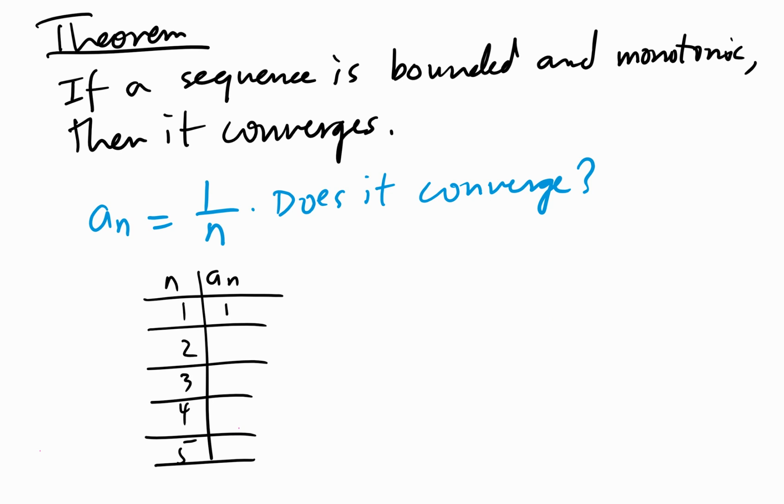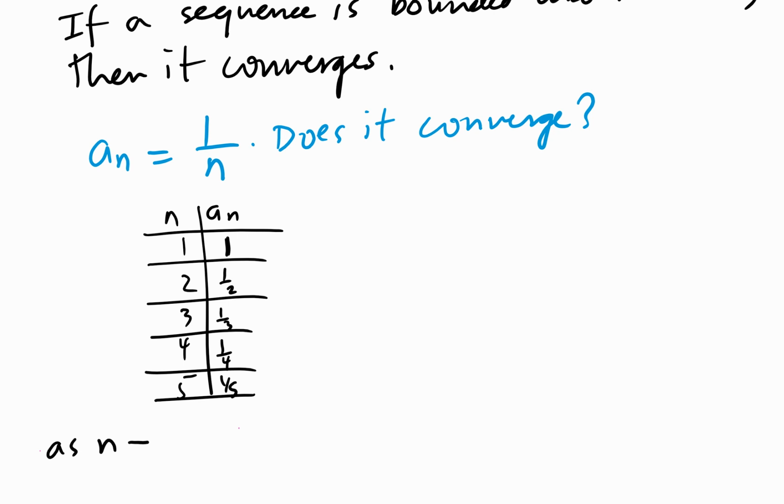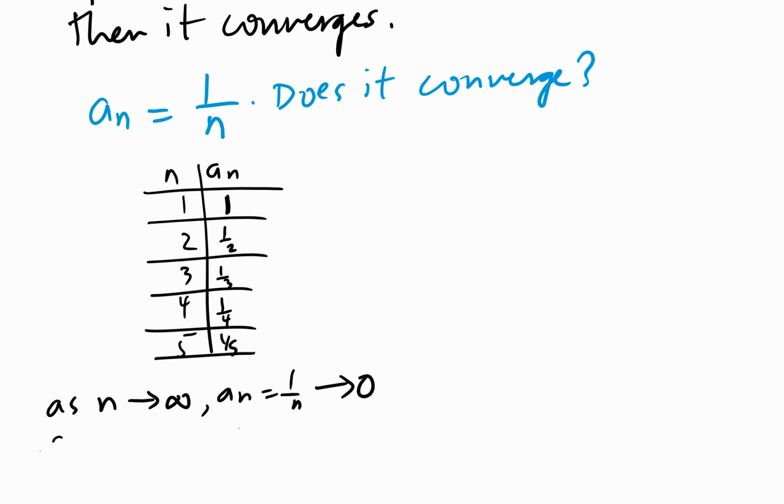That would give me 1. Notice 1 is the maximum value this can be, because n is the smallest. Then 1/2, 1/3, 1/4, 1/5. It's getting closer and closer to what? As I increase n, a_n, which is 1 over n, is approaching 0. So we say that the sequence a_n is bounded above by 1 and below by 0.